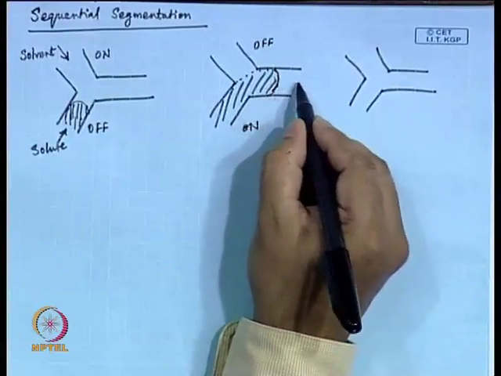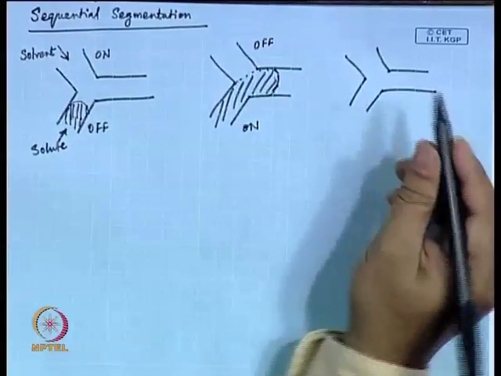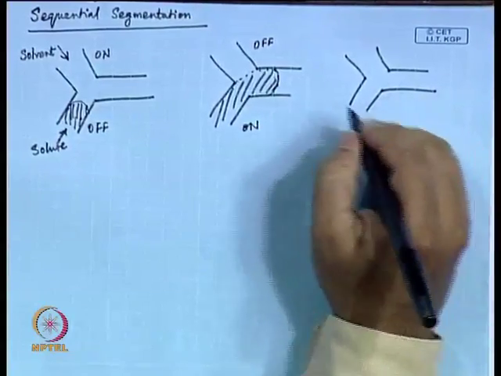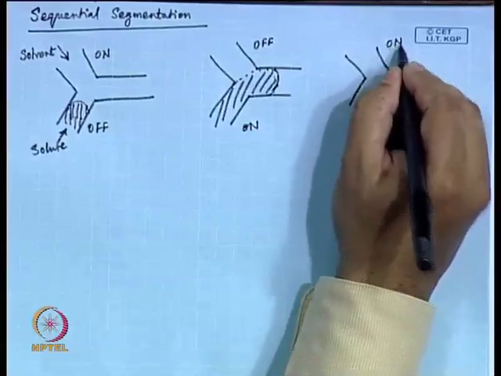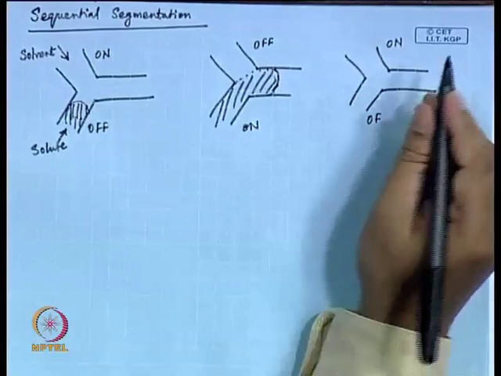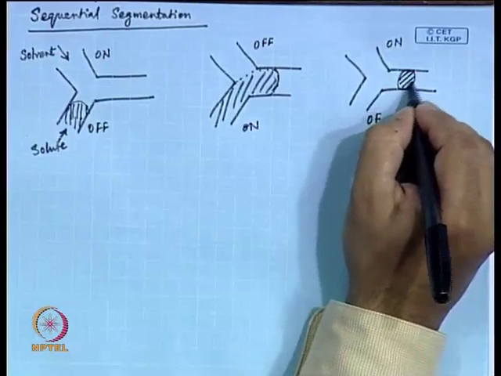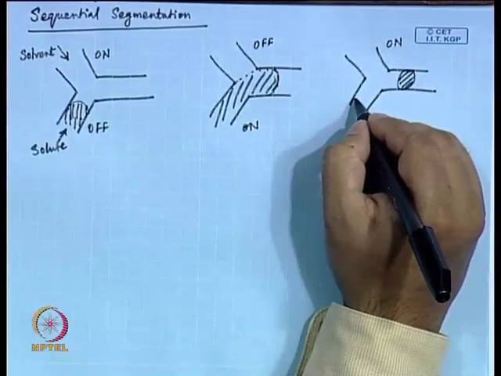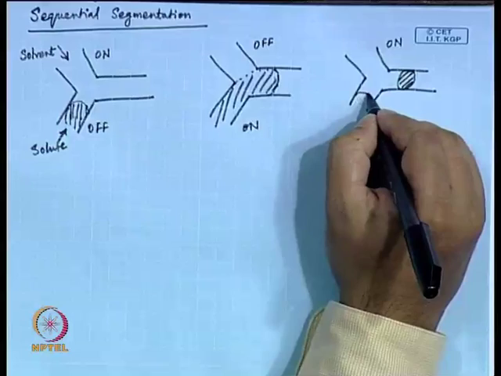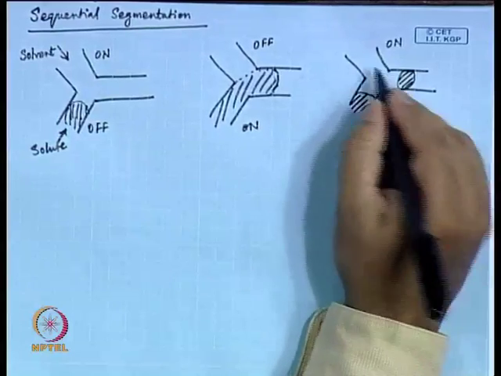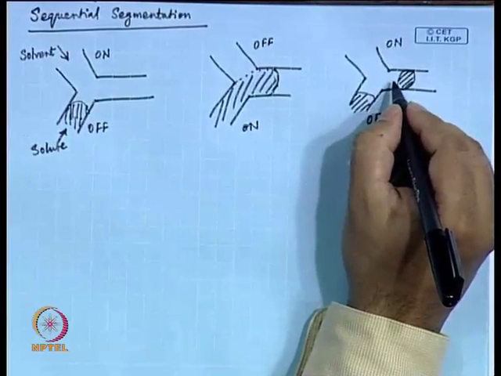So, it is preceded by solvent. So, you have this. Next, you have solvent on and solute off. So, what do you have? Another plug of solvent is going in there.